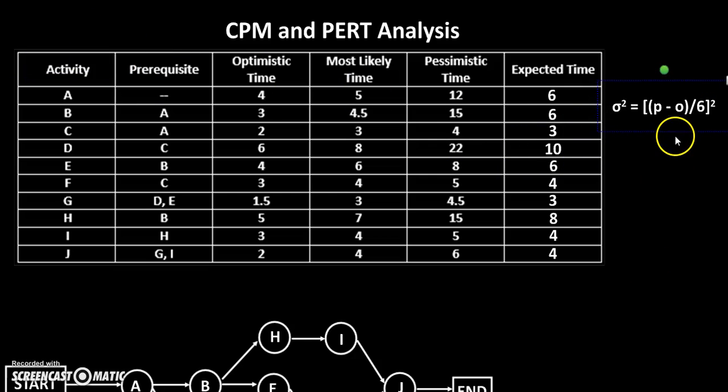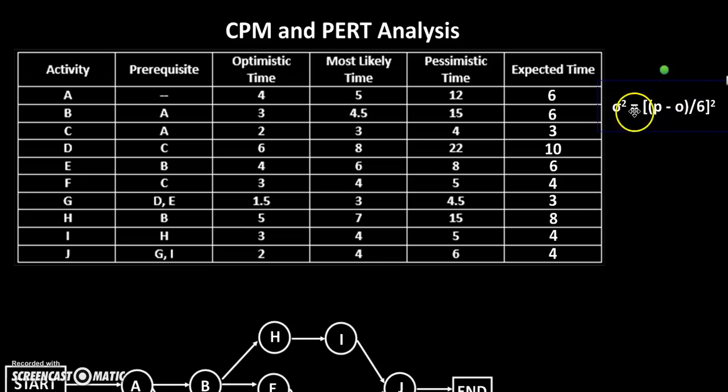Remember that sigma squared is our notation for variance. So we have P minus O, where P is the pessimistic time and O is the optimistic time. Pessimistic minus optimistic divided by 6, all squared, is going to be an approximation for our variance.